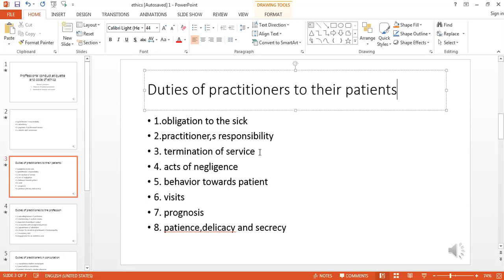All these things should be avoided by the patient. But if the patient keeps taking them again and again, you can terminate your service.